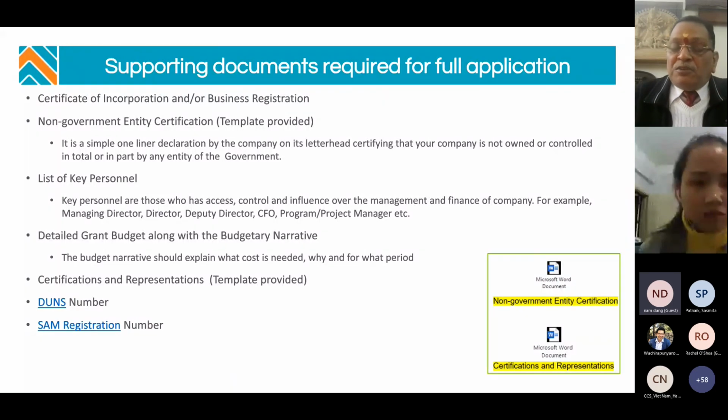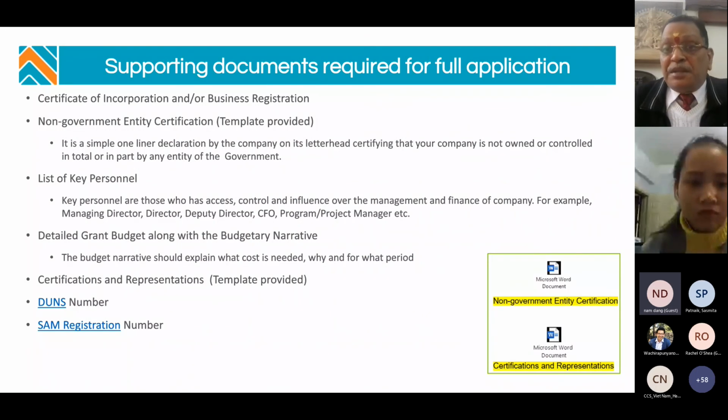And then you have to provide a list of the key personnel, and please ensure that you are providing a list of only the key personnel. Key personnel are those persons who have the access, control, and influence over the management and finance of the company.